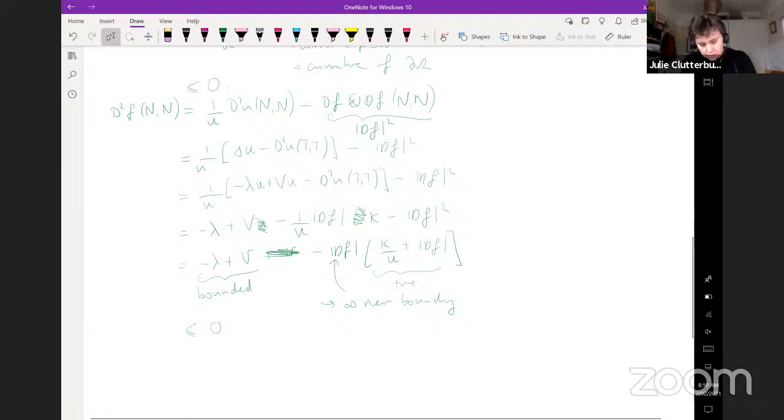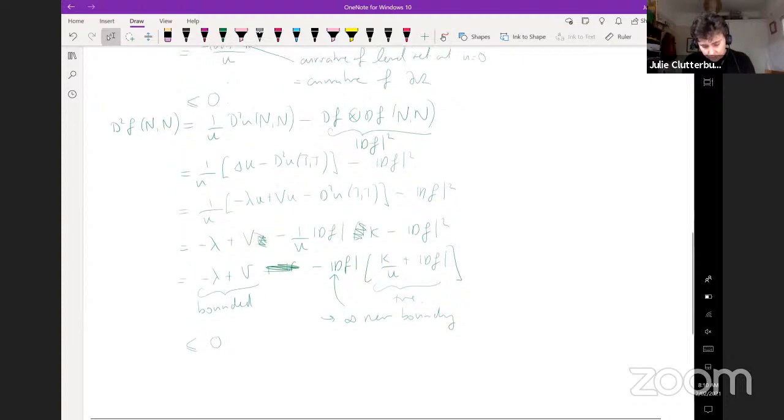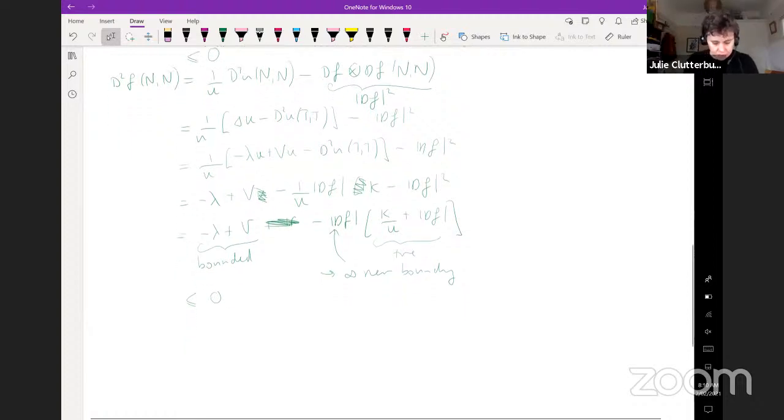So we don't need to worry about what's going on with f near the boundary. So f is certainly concave.